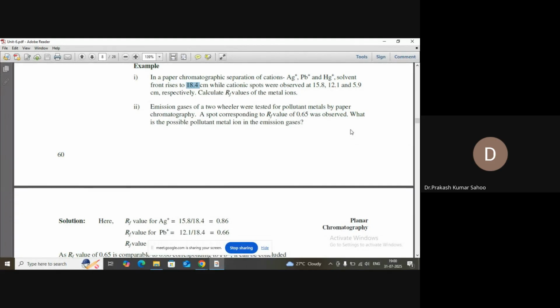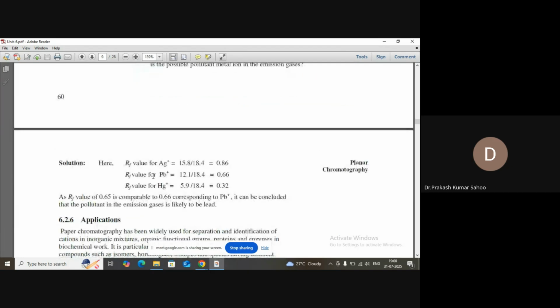When the gas is passed, it is seen that the pollutant has an Rf of 0.65, and when we calculate the retention factor of all these ions, we get that lead has a retention factor close to 0.65.